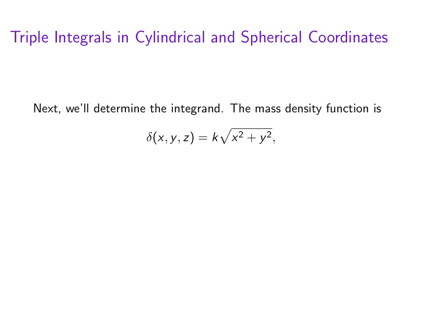Remember that we described the mass density so that the mass density at any particular point is directly proportional to the distance from the point P to the axis of the cone. The axis of the cone is the z-axis, and the distance from a point x, y, z to the z-axis is the square root of x squared plus y squared. And the k we throw in as a proportionality constant.